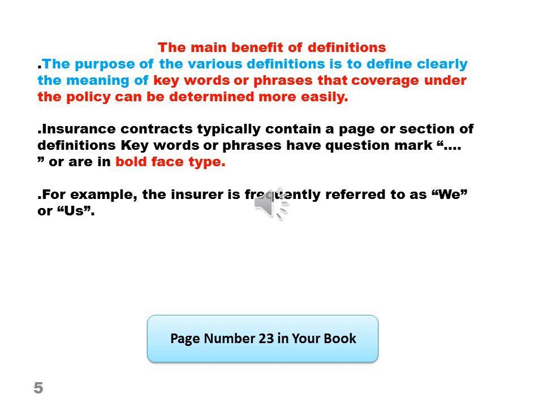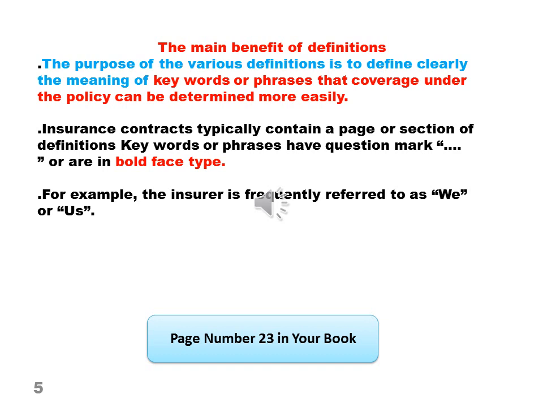The purpose, the main goal of the various definitions, is to define clearly what is the meaning of key words or phrases, so that coverage under the policy can be determined more easily.